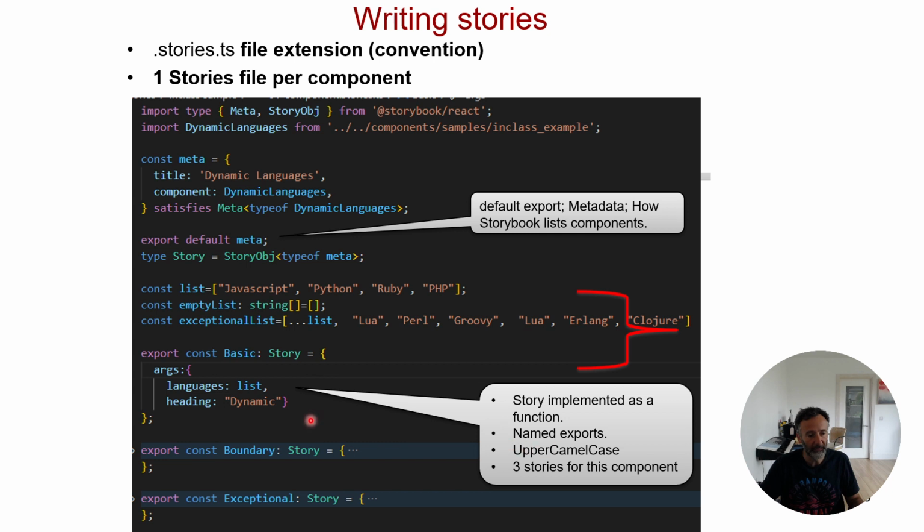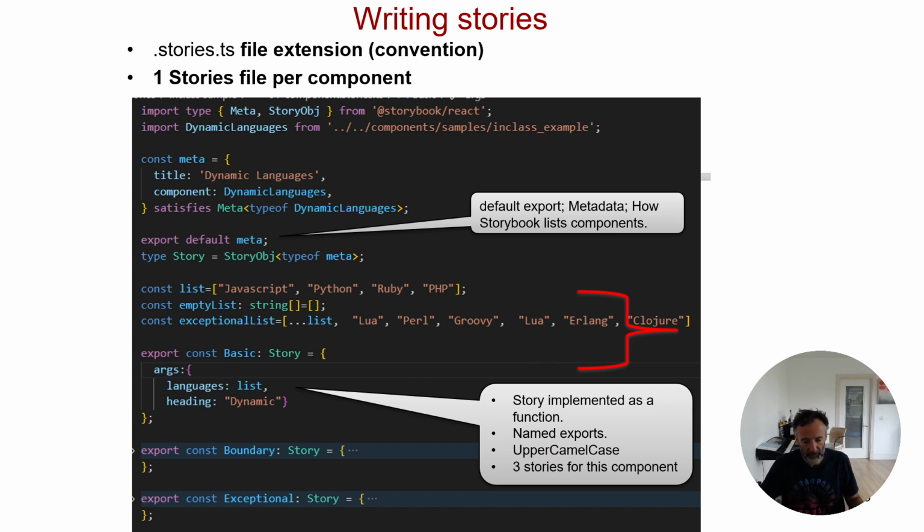There'll be named exports. So in this case, I'm exporting basic, which is the basic story. And then I have the properties of that, or data that the component will use for the story, the arguments here, right? So in this case, I'm exporting basic, boundary, and exception, okay? 3 different stories, right?